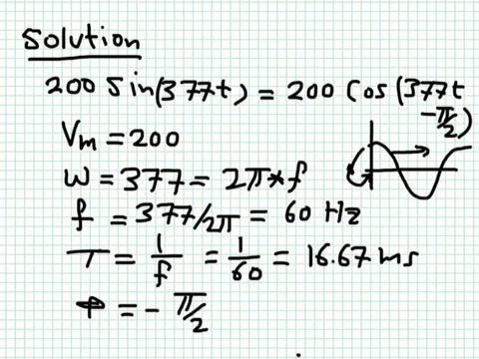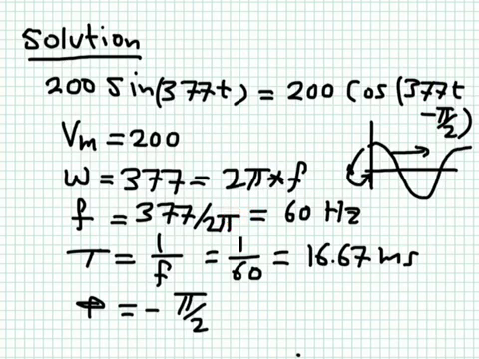So for this one, we have all the information that we need. The maximum value is 200, omega is 377, but this omega is nothing but 2 pi f. So I can simply divide both sides by 2 pi, and remember, pi here is 3.14.